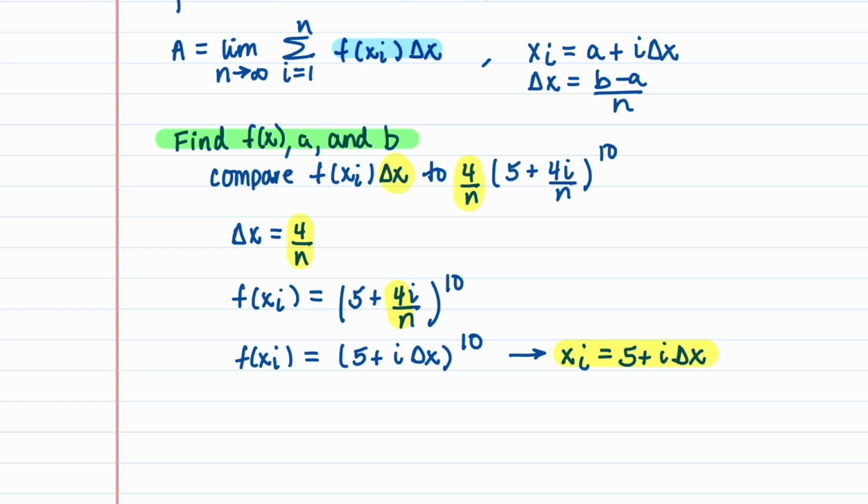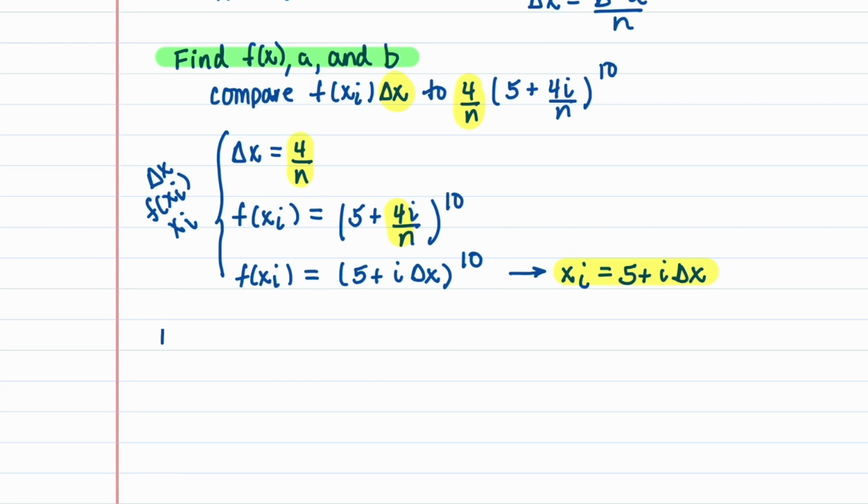Before we go on to find f of x, a, and b, I just want to summarize what we did right here. When you compare the two quantities, you need to find delta x, f of x sub i, and then x sub i. Once you have those three, we can go ahead and find a, b, and f of x.